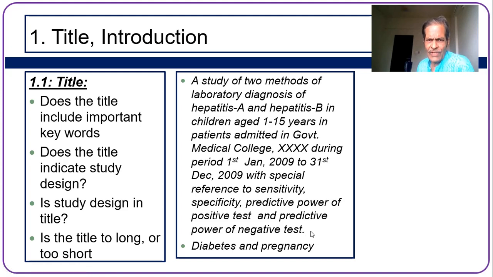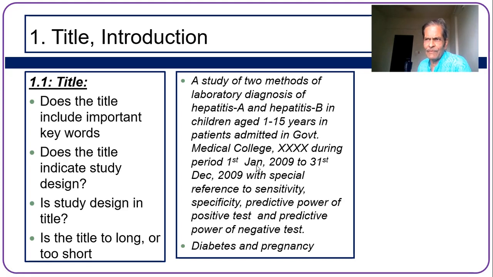So such a long title is not desirable for a title of an article in the journal or even for the thesis. This is a title adopted from an MD thesis. So it includes almost all the material and methods. So such things should not be there.